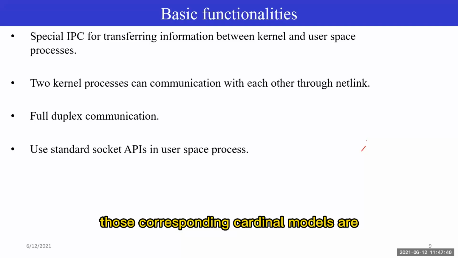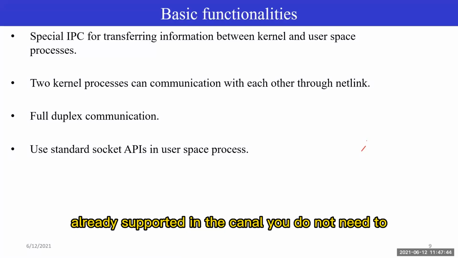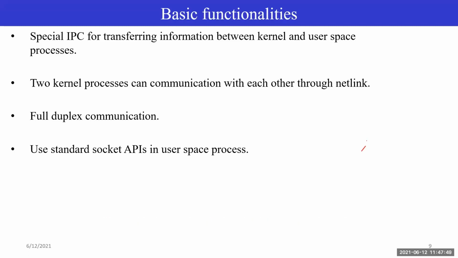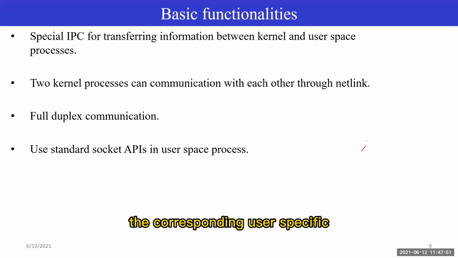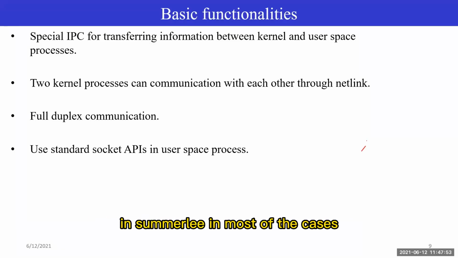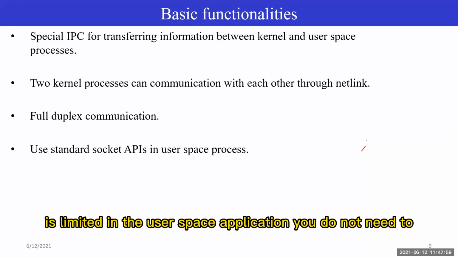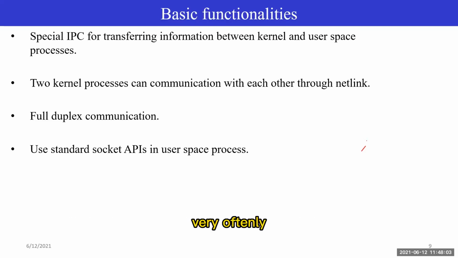Then those corresponding kernel modules are already supported in the kernel. You do not need to implement that. What you need to implement is the corresponding user space application. So in summary, in most of the cases, your implementation is limited to the user space application. You do not very often need to implement the corresponding kernel module.